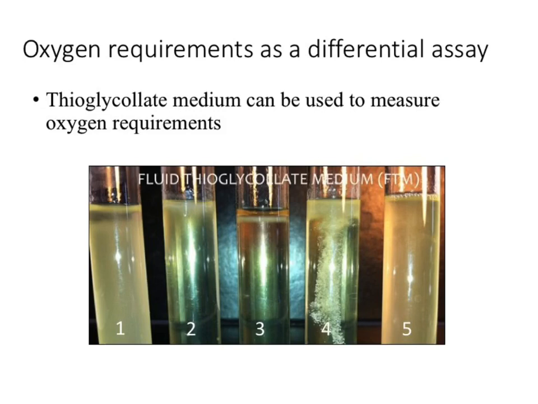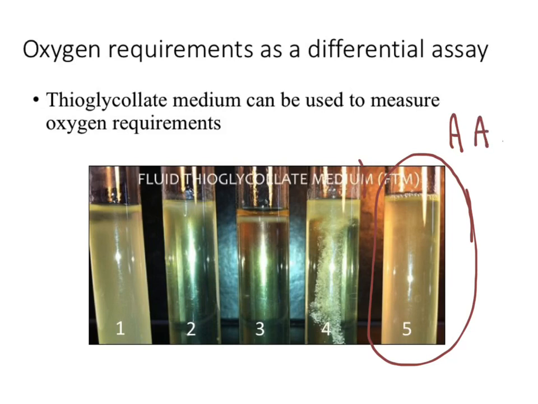And then we've got the last two. Aerotolerant anaerobes and facultative anaerobes. And if you're looking at these tubes here, here's an aerotolerant anaerobe. I'll just call it an AA. And this one right next to it is a facultative anaerobe. Take a look at those two tubes real quick.